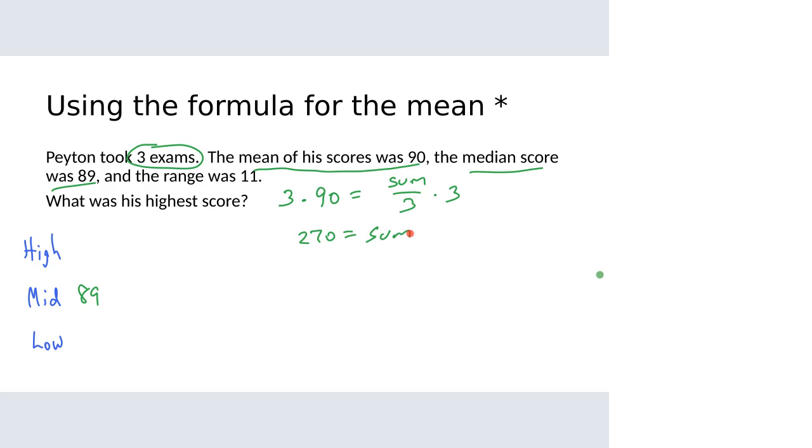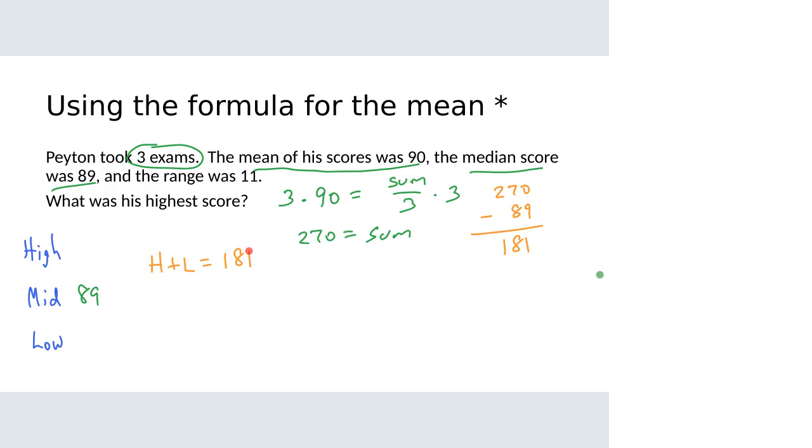Well, I already know that one of the scores was an 89, so I can take that out of there. If I do 270 minus that 89, the other 2 scores have to add up to 181. So I get one of the 2 equations I need here. The high plus the low has to be 181.